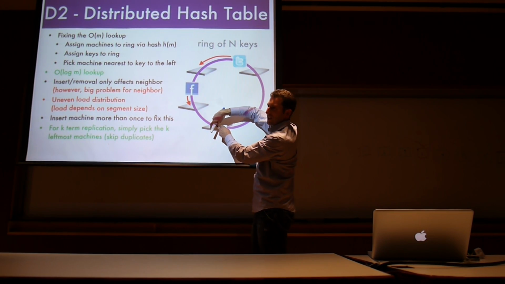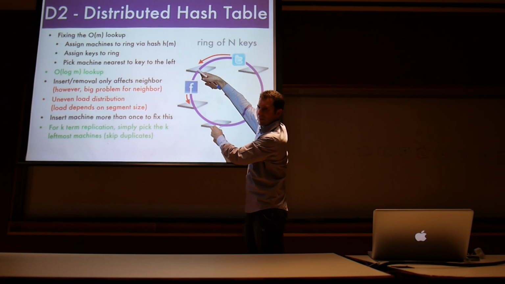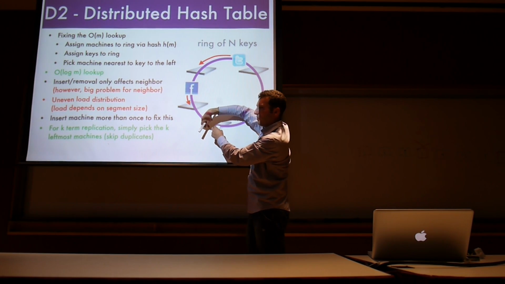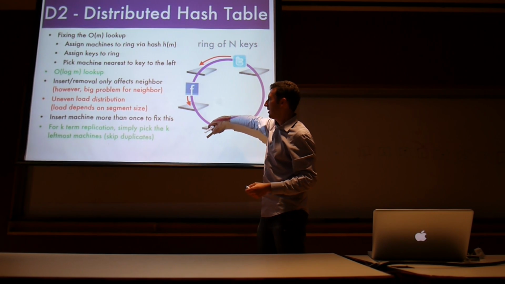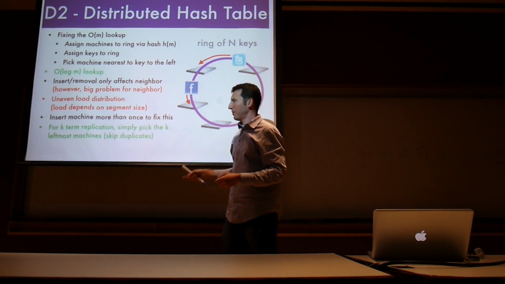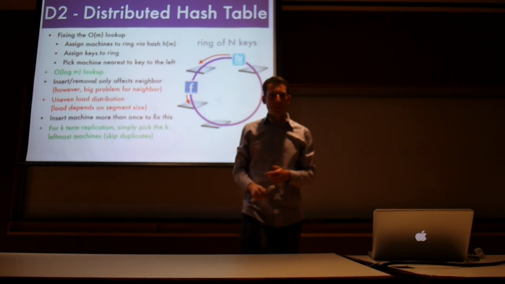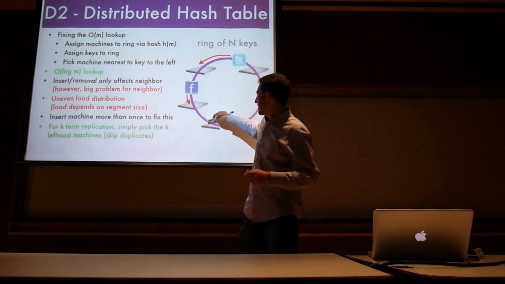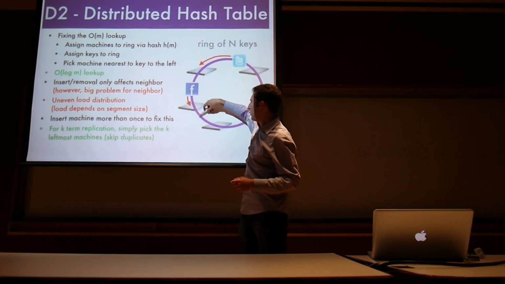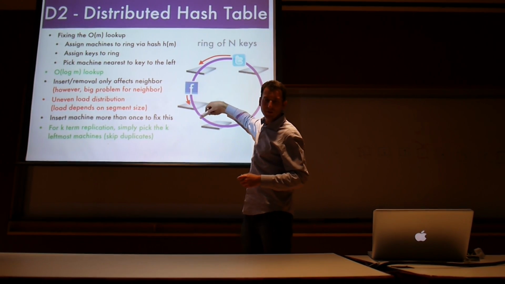So my changes that happen are extremely localized, which is probably not what you want, because this poor machine now will get a lot more work to do. And furthermore, it gives me a fairly uneven load distribution. Yes, in expectation, each machine gets the same amount of work, but the length of the segment here actually will be quite variable. And I'll show you how variable on the next slide.